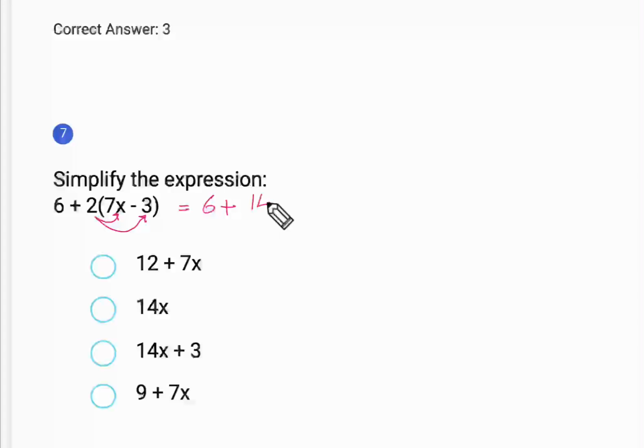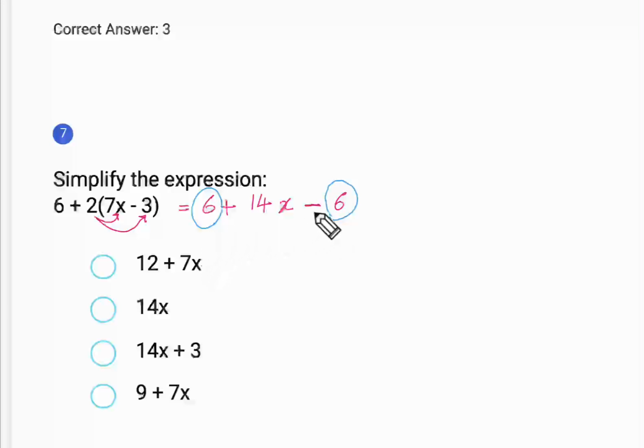So we have 6 plus 7 equals 14. 14 what? 14x minus 14x minus 6. Okay, now do you have like terms? Which plus 6. 6 and 6, right? These two are like terms. So why did you say plus?